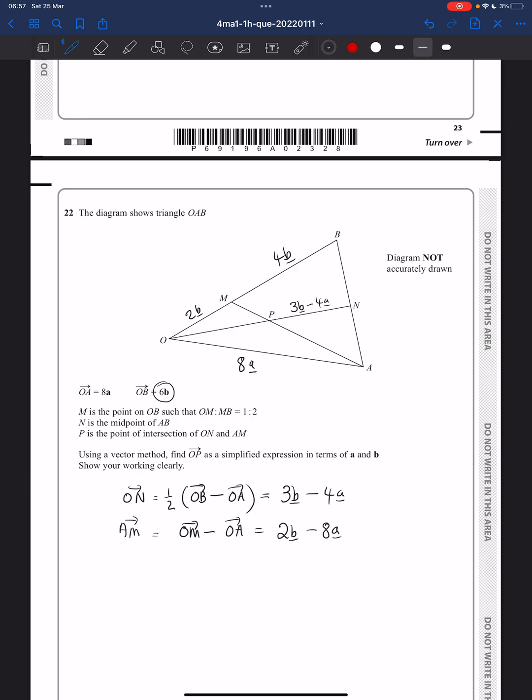Okay. This is 2B minus 8A. So we want O to P.